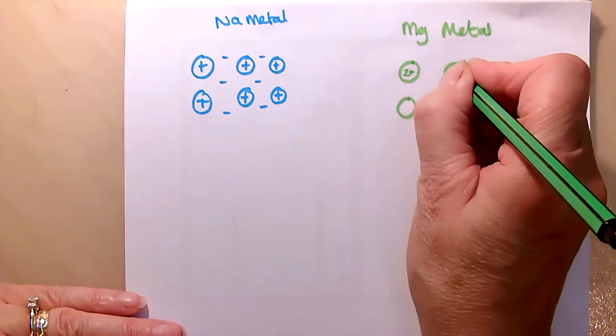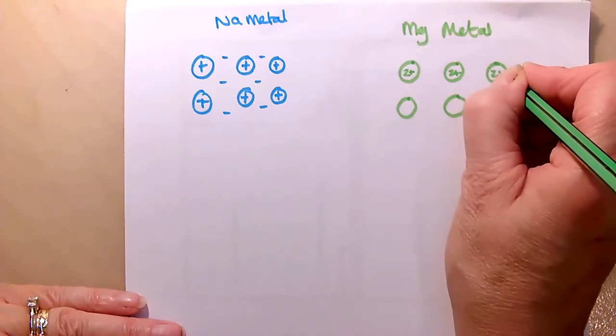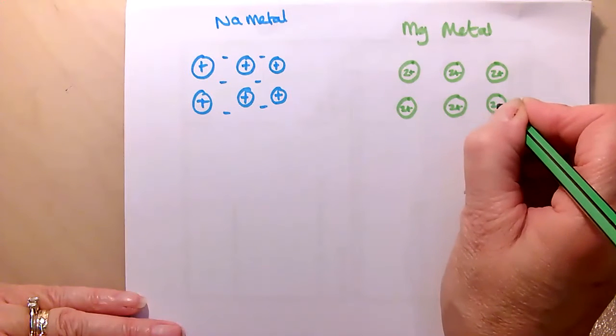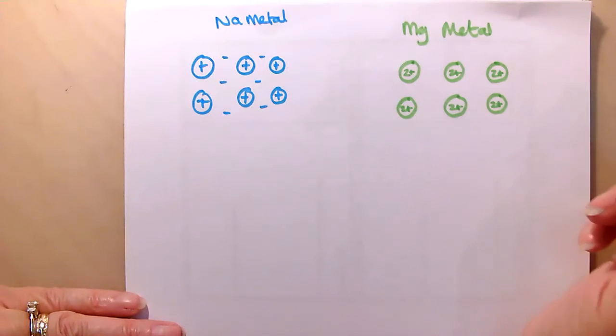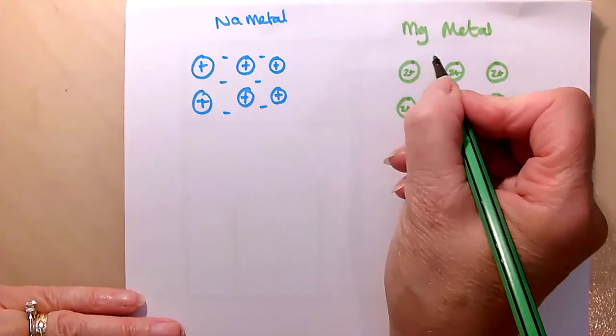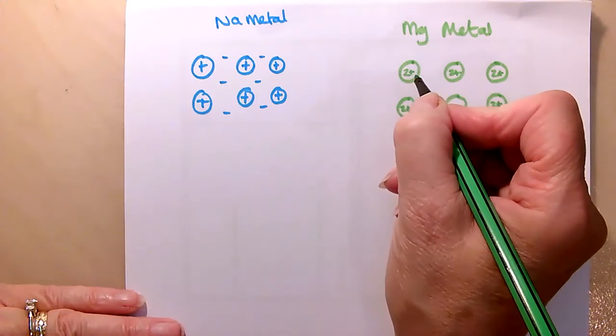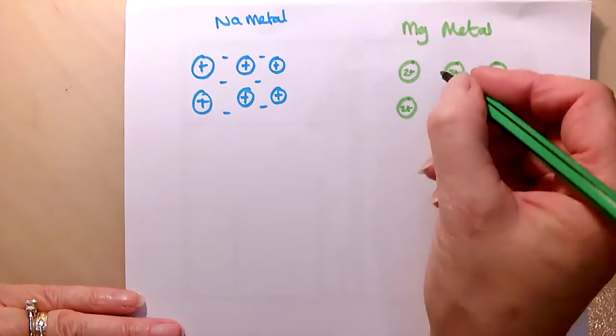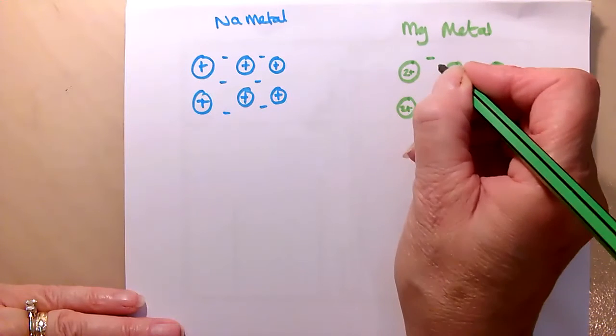So the metal ion in our magnesium is a 2+ magnesium ion, and magnesium has lost 2 electrons. So each of those atoms has lost 2 electrons. I've got 2, 4, 6, 8, 10, 12, so 12 electrons in this electron sea.